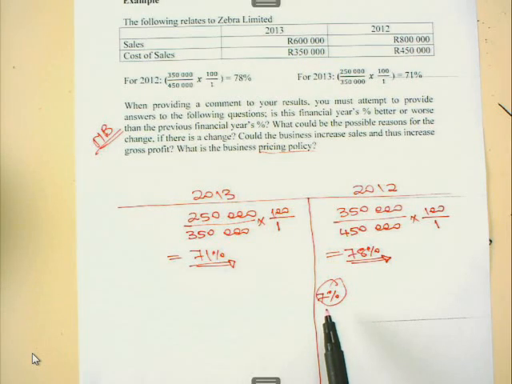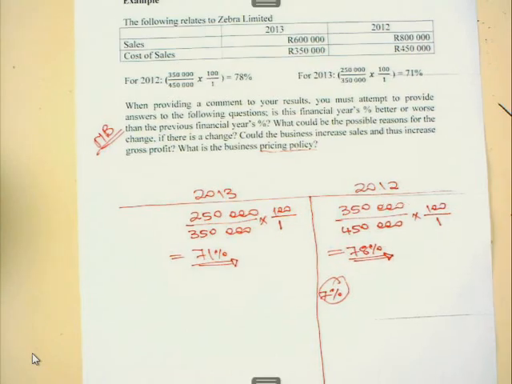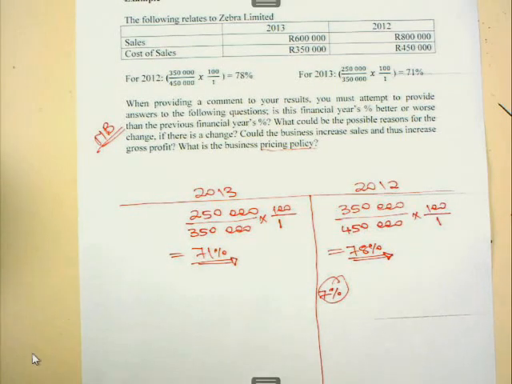What could be the possible reasons for the change, if there is a change? If the costs are declining, what could be the possible reason for that decline? It might be the business found a cheaper supplier, although we don't want to compromise quality.